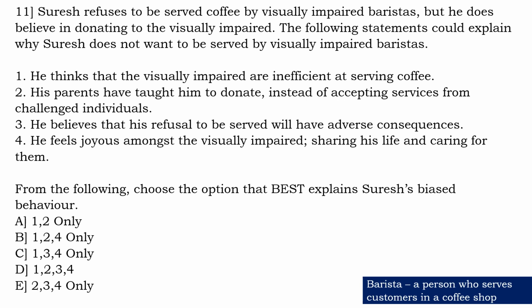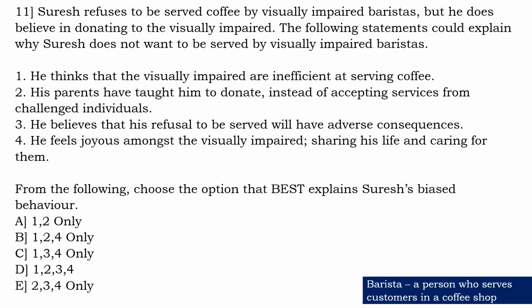So Suresh is a person who does not like to be served by visually impaired waiters, or you can say suppliers, in a particular coffee shop, but he believes in donating to the visually impaired people. So he doesn't like to be served by visually impaired people, but he believes in donating to them. So how could you explain the behavior of Suresh?